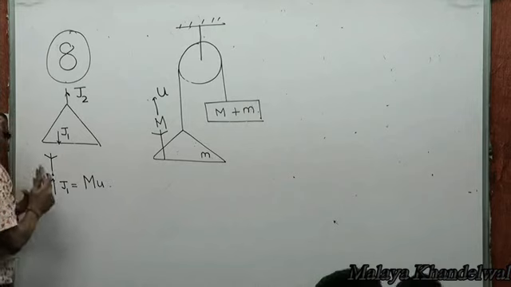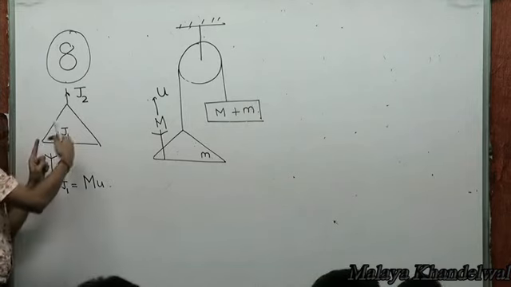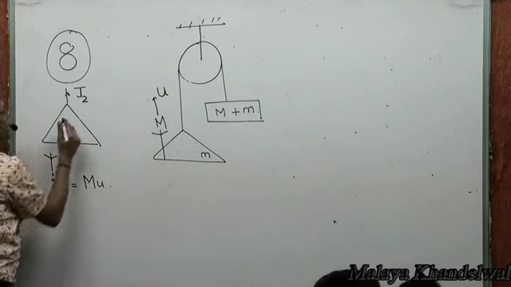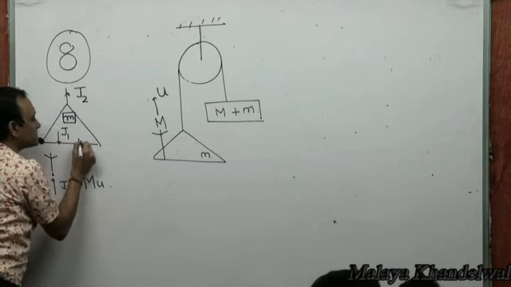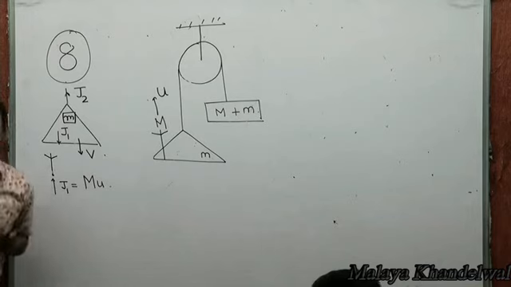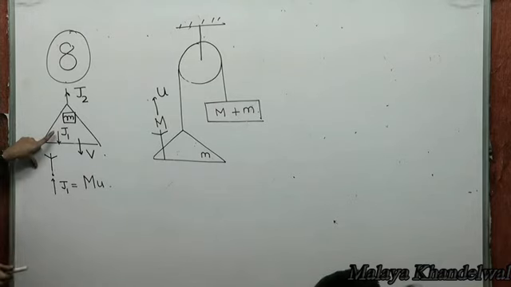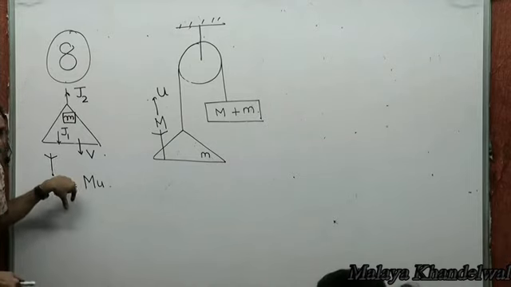Now, as a consequence of these two impulses, the platform, which is now of mass small m, develops a velocity v downwards. Yes or no? The platform, because of the difference in these two impulses, will develop a velocity v downwards.